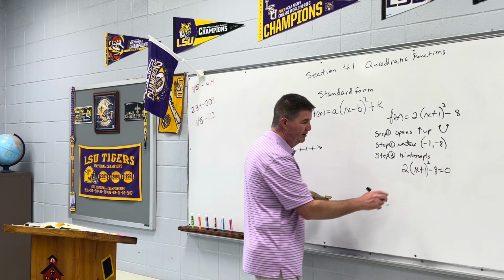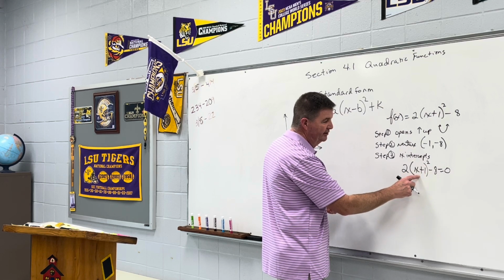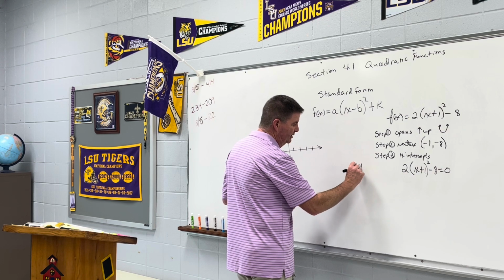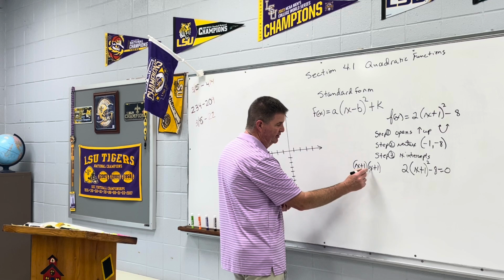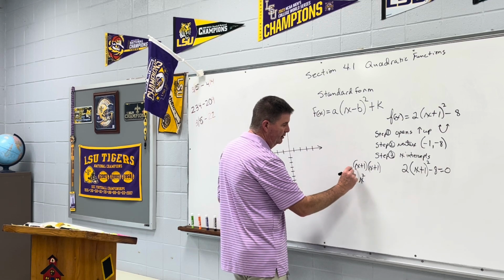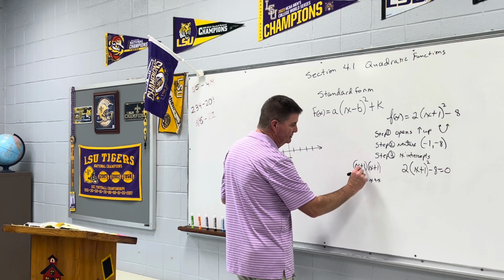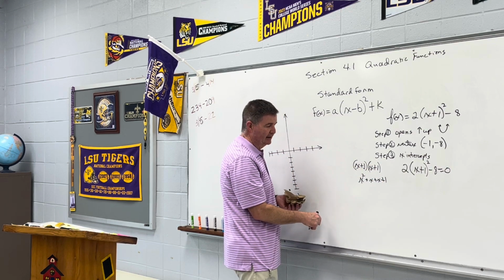So from here, I have what? X plus 1 squared. I'm going to do that first. I would what? FOIL it. So that would be x plus 1 times x plus 1, which would give me what? X squared plus x plus x plus 1. First, outside, inside, and last.